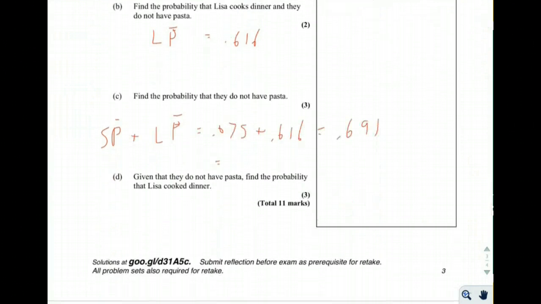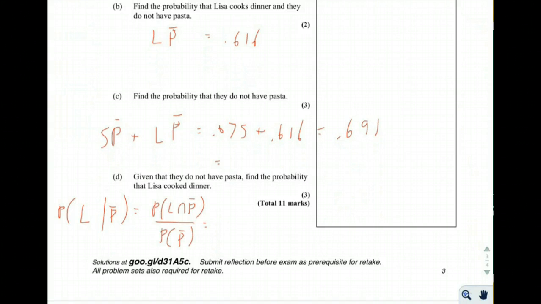Okay. Given that they do not have pasta, find the probability that Lisa cooked dinner. Okay, so this is a conditional probability. So it would be the probability of Lisa not pasta over the probability of not pasta.